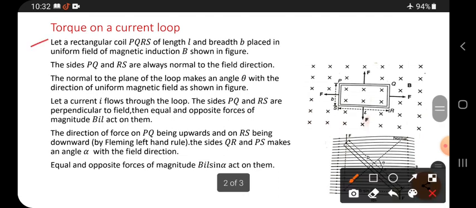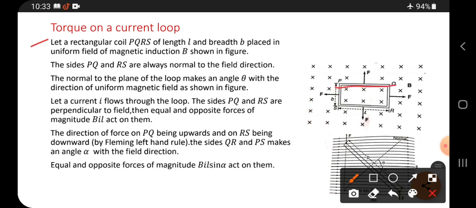Okay, let a rectangular coil PQRS of length l and breadth b be placed in a uniform field of magnetic induction B as shown in the figure.